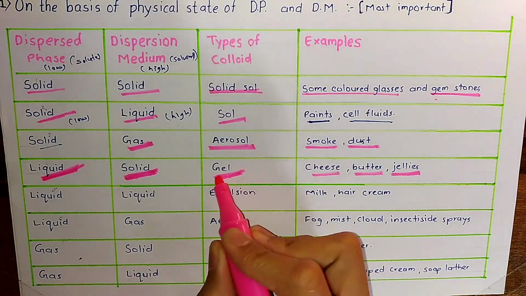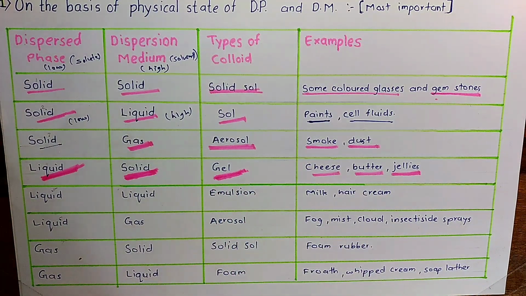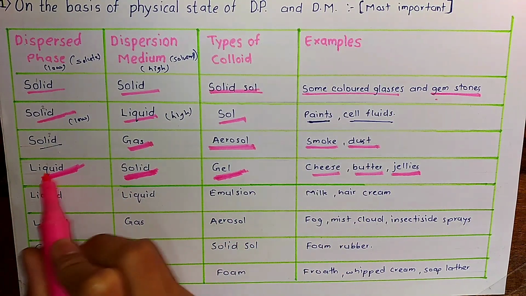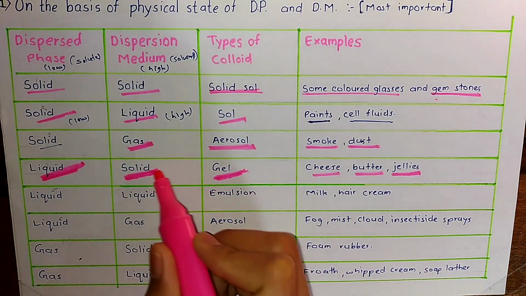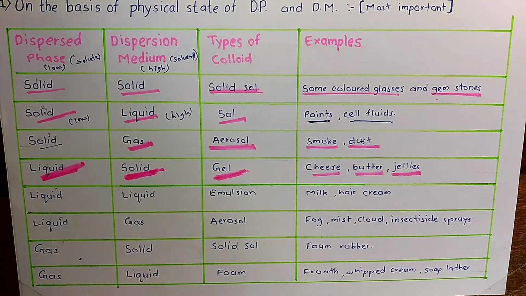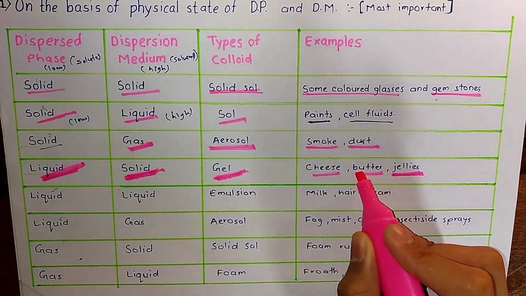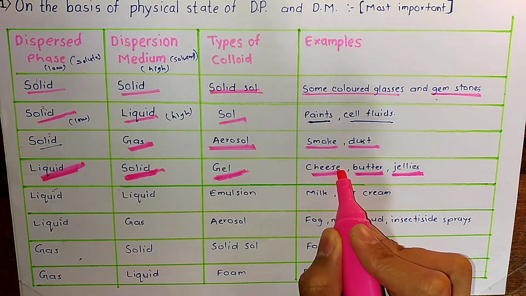In this case, the type of colloid is gel. It will look like a solid; we have liquid in this, but we have more solid as compared to liquid, and the physical properties look like a solid. Examples are jellies, butter, cheese.